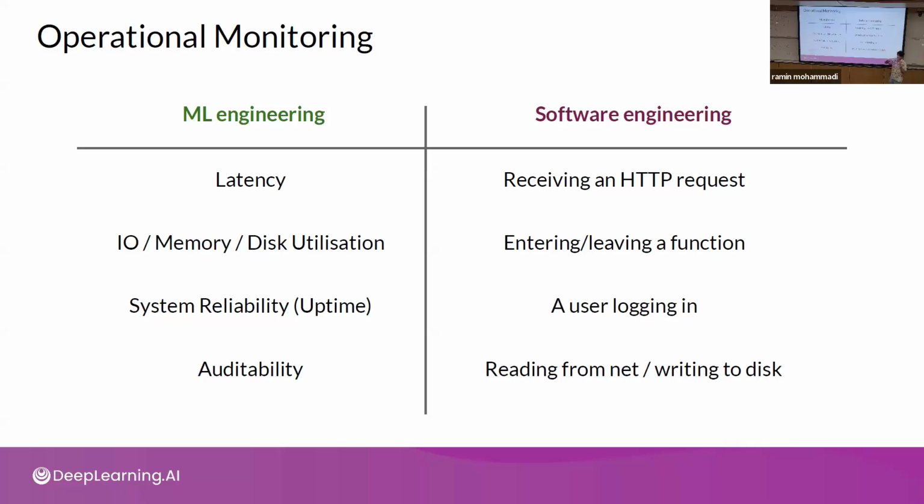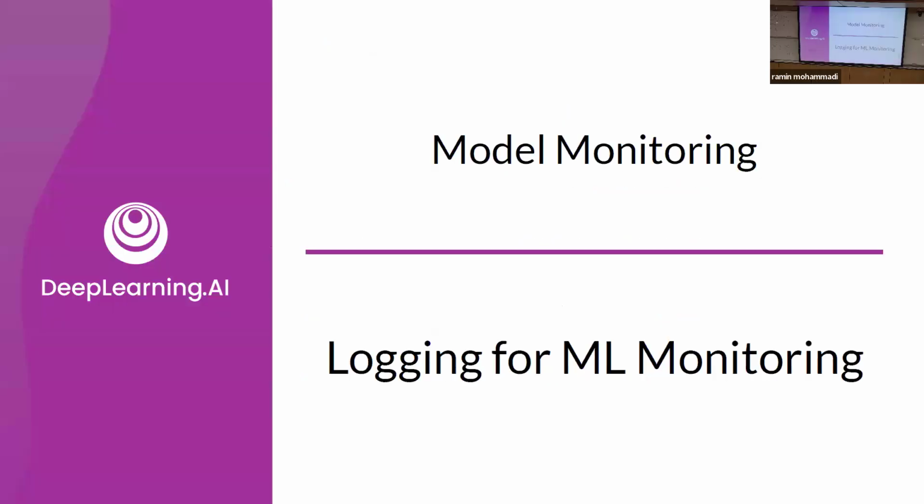These are different things that you can monitor for. The software engineering ones by default come from the tools that you are using. For some of the ML engineering ones, these days GCP, Azure, AWS also have most of those out of the box. The only ones that are kind of bespoke are the ones that deal with the types of data, input and output data, distributions, and stuff like that.